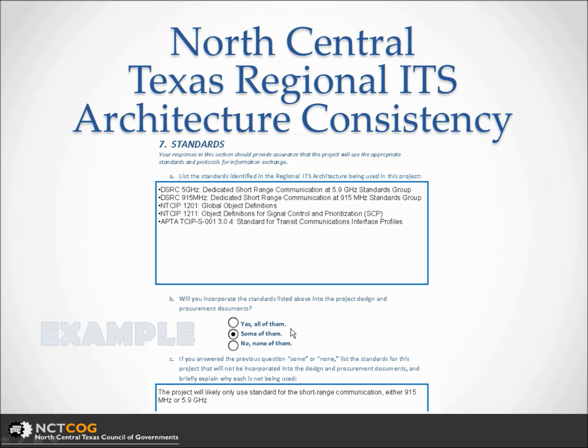In this case, not all of these standards are applicable. Only one of the dedicated short-range communication standards will be used instead of both, and that is listed as the reason that only some will be used in this project.